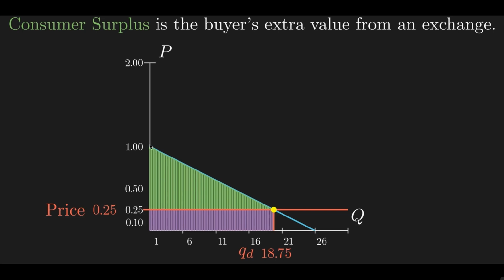So we're including vertical bars here to capture the extra benefit from each one of these exchanges. I'm showing purple below to represent her expenditure in total, because she's buying a lot of chocolate. So consumer surplus is this green area, which we can represent with a triangle, just like we did for producer surplus.